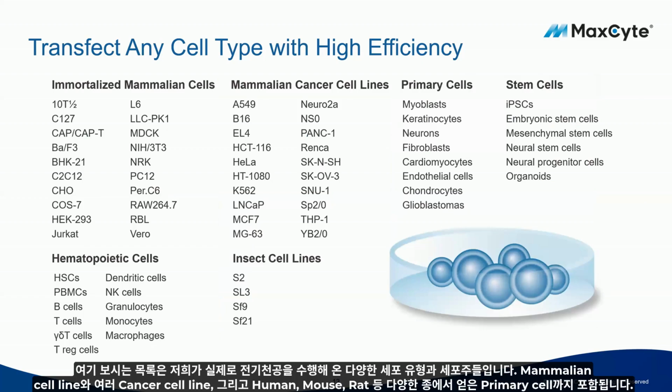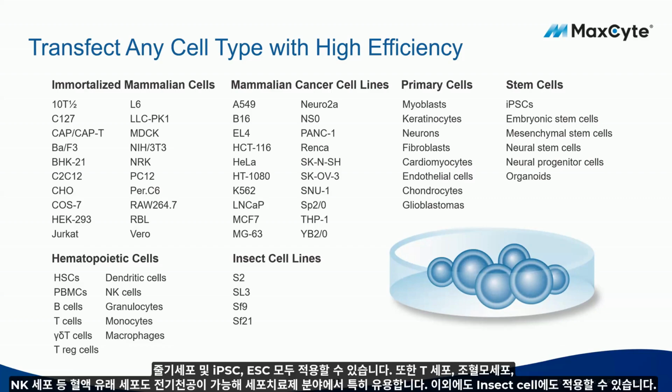This is a larger list of the cell types and cell lines that we have done, including many immortalized mammalian cell types, cancer cell lines, and primary cells from many different origins, including humans, mice, and rats. We can do stem cells, including iPSCs and ESCs. We can do cell types derived from the blood, which is obviously very good for cell therapy, including T cells, HSCs, and NK cells.